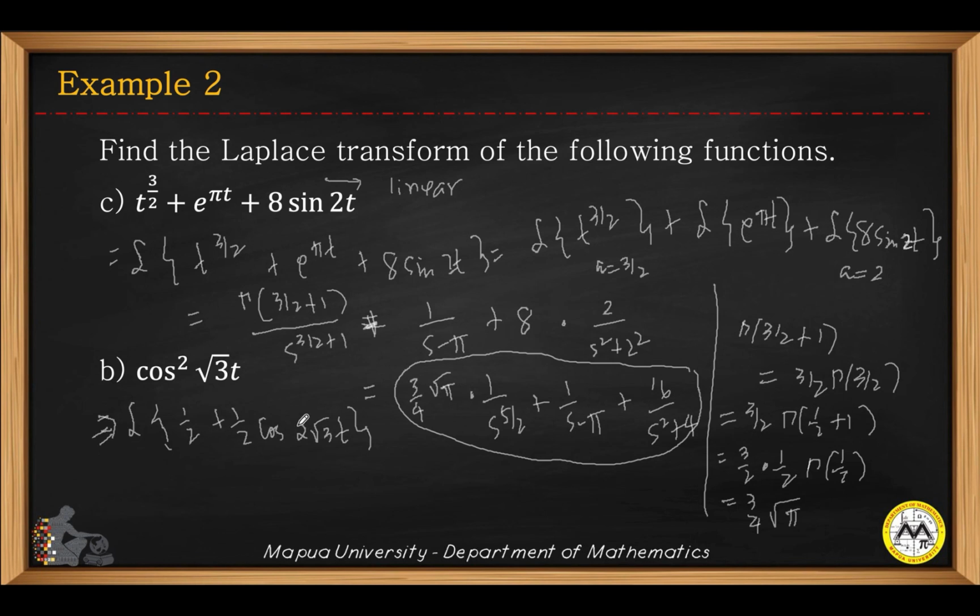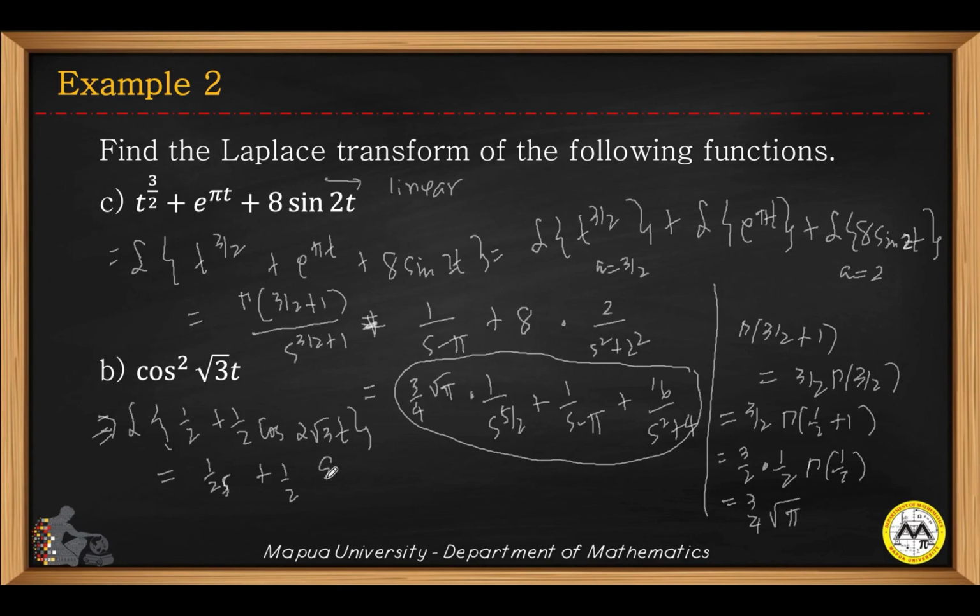And then we have a direct formula in getting the transform of the following. For a constant, 1 half times the Laplace transform of 1, which is 1 over s, so you have 1 over 2s. And then 1 half here. The transform of the cosine function is s over s squared plus a squared. We'll take this as your a.